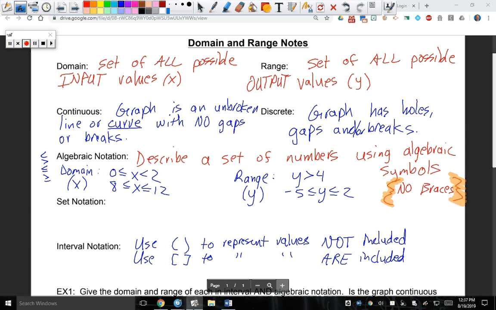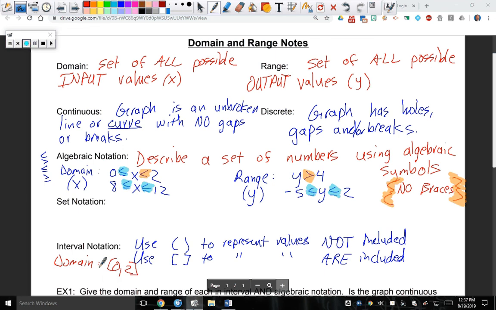Examples of this. Now look carefully. This one includes 0, includes 8, includes 12, includes 5, and includes 2. These do not include 2 and do not include 4. So we're going to put this first domain that we have up top, we're going to say from 0 to 2, bracket, bracket.